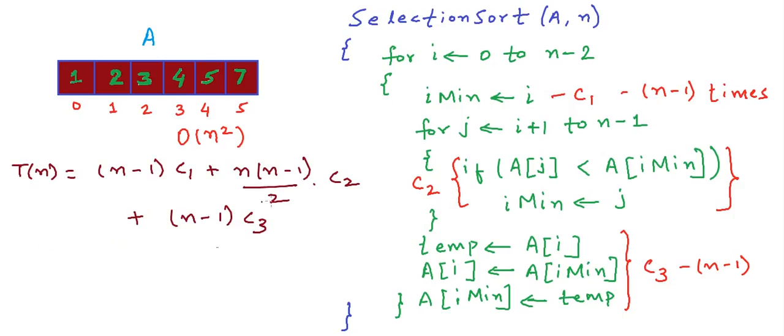So overall time taken will be something like this, and if we evaluate this, this will be some polynomial like an square plus bn plus c, where a, b and c will be some constants in terms of c1, c2 and c3. And whenever we have a time expression like this, it belongs to the set big O of the highest order term in the polynomial. So this particular polynomial belongs to the set big O of n square.